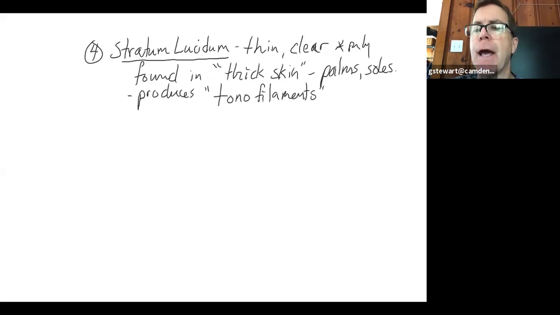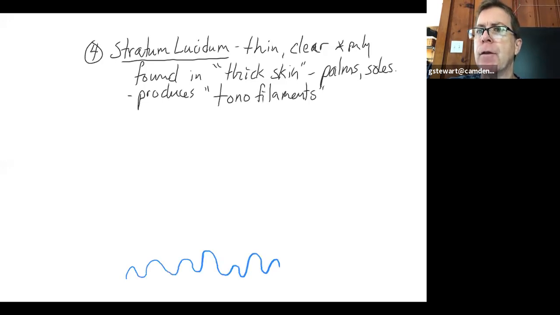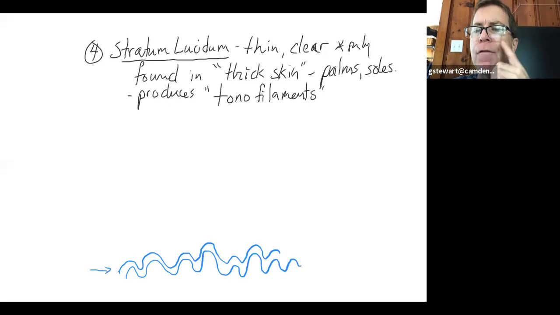That helps exaggerate, remember when I was drawing this border between epidermis and dermis down here? Those tonofilaments help exaggerate these hills and valleys on the palms and soles. And technically, that's what gives us our fingerprints when we do a fingerprint.